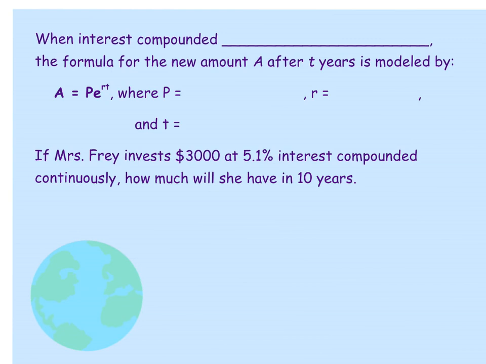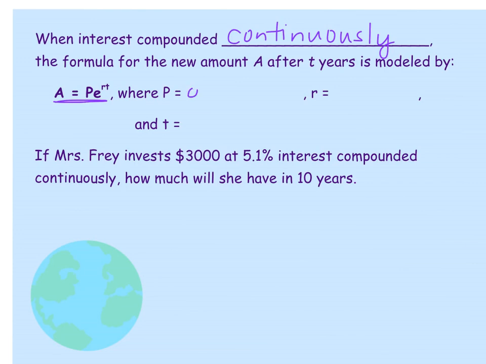And last but not least, in this lesson, we're going to circle back to that interest formula that we started with at the beginning of the lesson. If you keep earning interest and it goes on forever and ever, the key word that you'll recognize in a word problem is continuously. If interest is compounded continuously, we change from our compound interest formula to a formula we call PERT, P times e to the rt power.